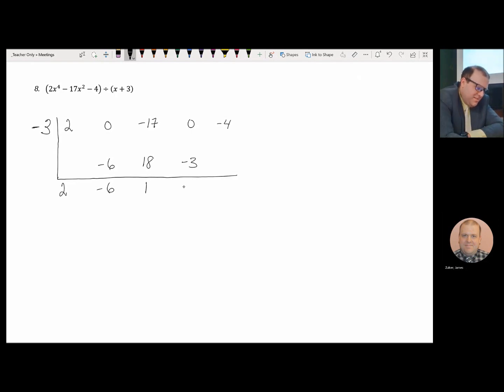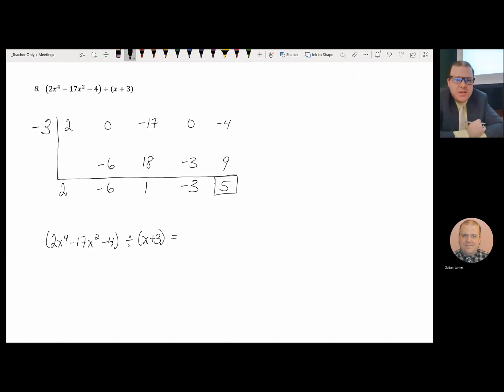Plus 0. Times -3. Minus 4. What is the degree of the quotient?